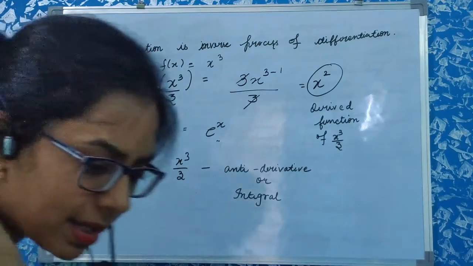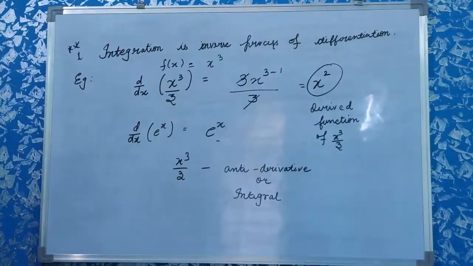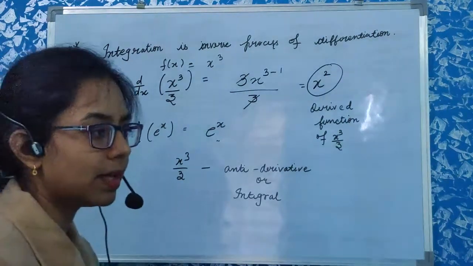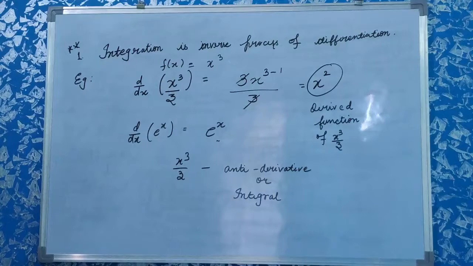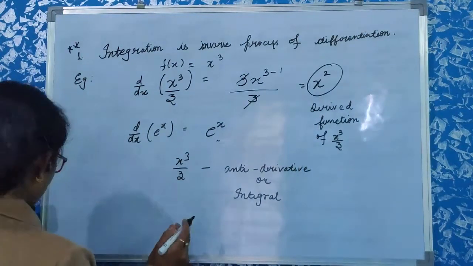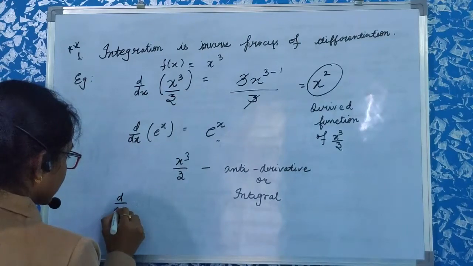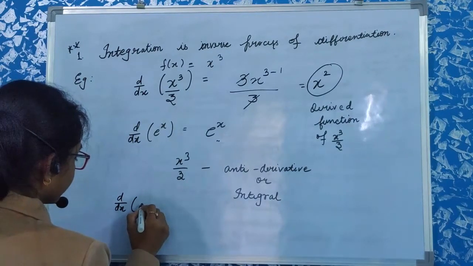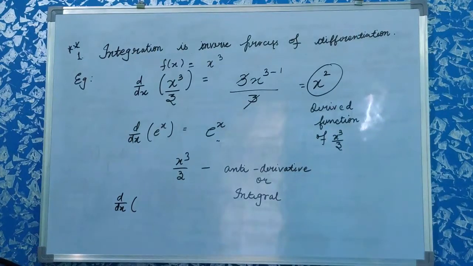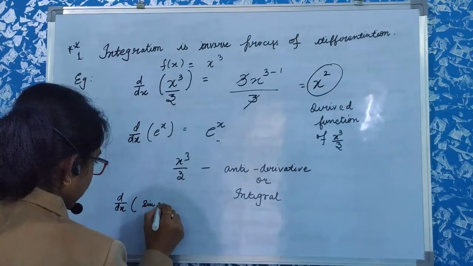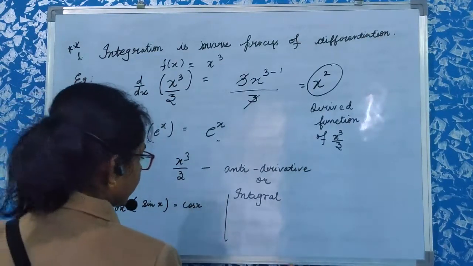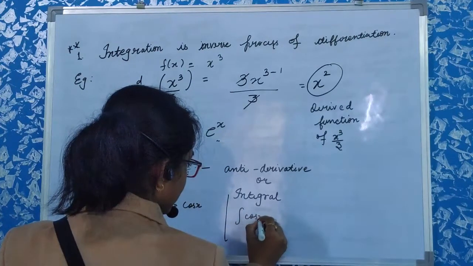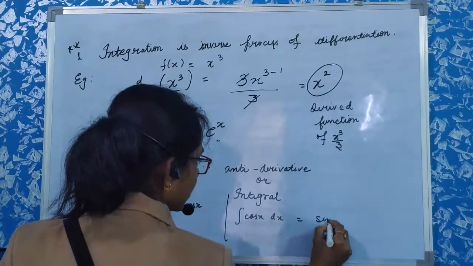I'll be sharing the formulas with you, don't worry about that. The famous formulas, like d by dx of sin x is cos x. Then what is the integration of cos x? It's sin x. I hope you are not confused about that. d by dx of sin x is cos x, then the opposite: integration of cos x dx is sin x.